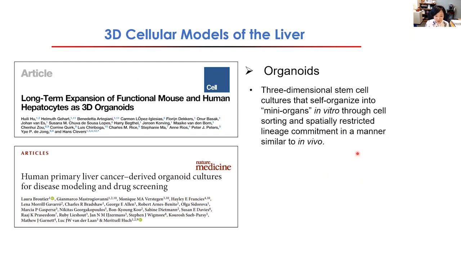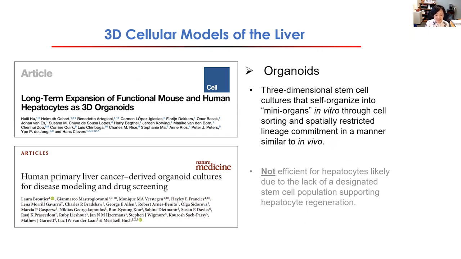But there are some difficulties of using organoids to study liver, because organoid models are not very efficient for hepatocytes, likely due to the lack of a designated stem cell population supporting hepatocyte regeneration.